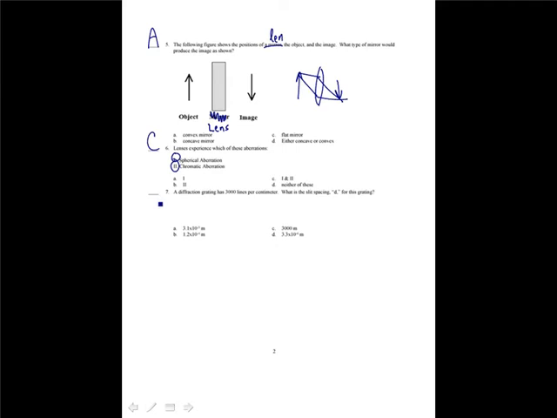Diffraction grating is 3,000 lines per centimeter. What is the slit spacing, D, for this grating? Well, you do 1 over 3,000. This is lines per centimeter. And that'll give you the number of centimeters per line.